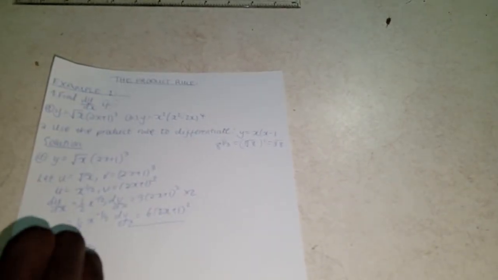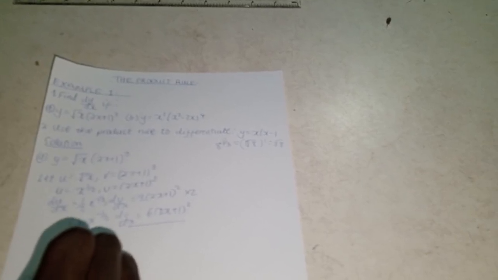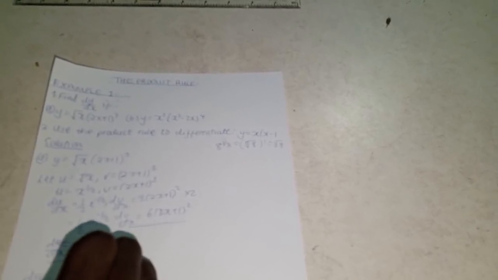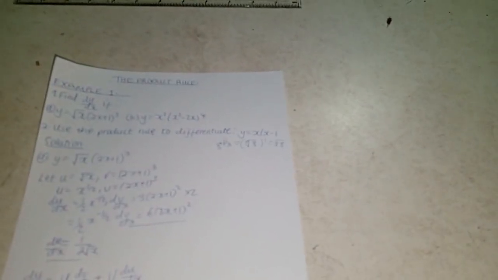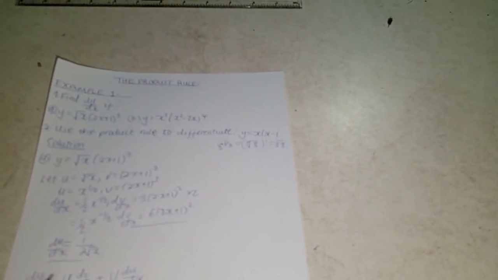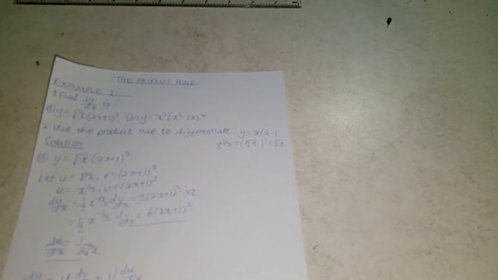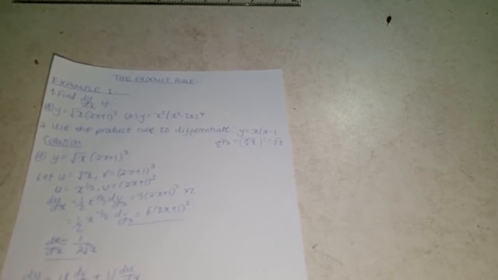Okay, then to continue, we're going to say dy/dx is going to be equal to u dv/dx plus v du/dx. So this formula, what is it? This is a formula for when you want to find the derivative of the multiplication of two functions, okay? This is the formula we use.